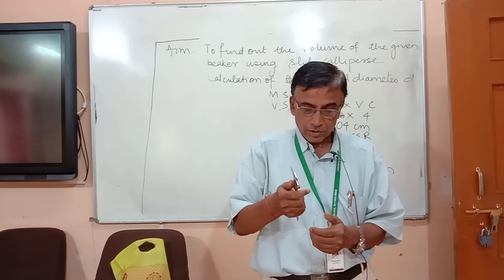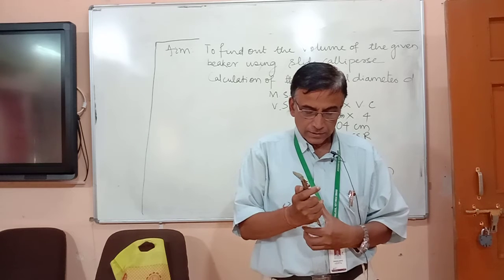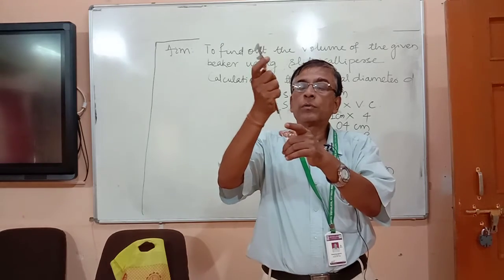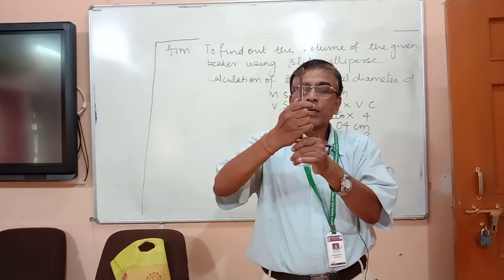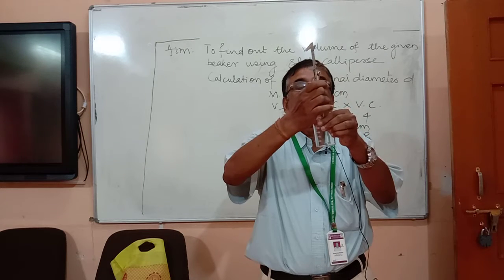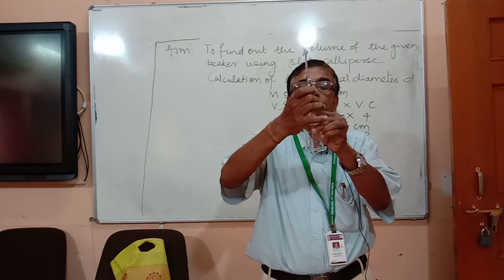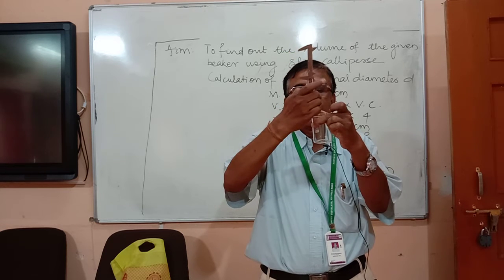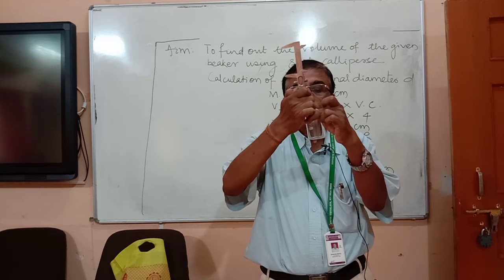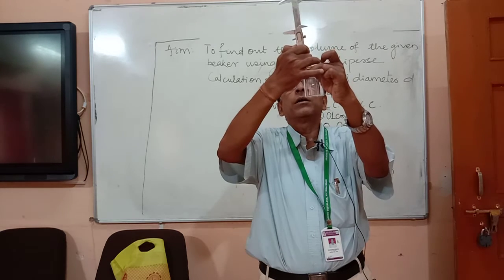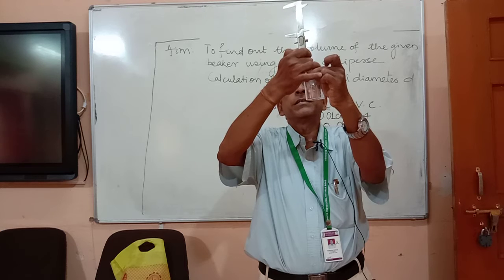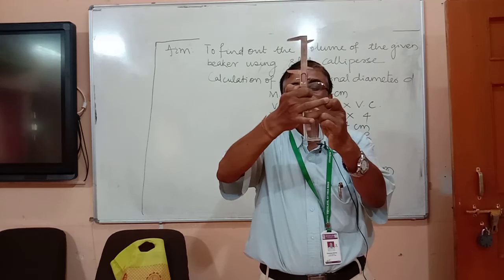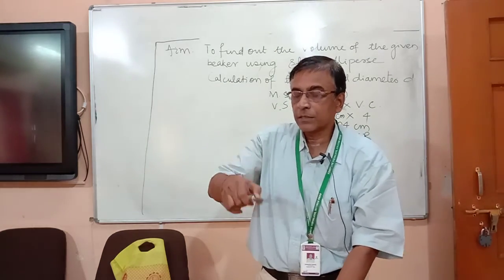Now you put this in such a way that the needle goes down and just touches the bottom of the beaker. Till then you have to move it. Just slide this one, you can see how it is going down. Now it is tight and not moving further. So now you have to find out the depth.